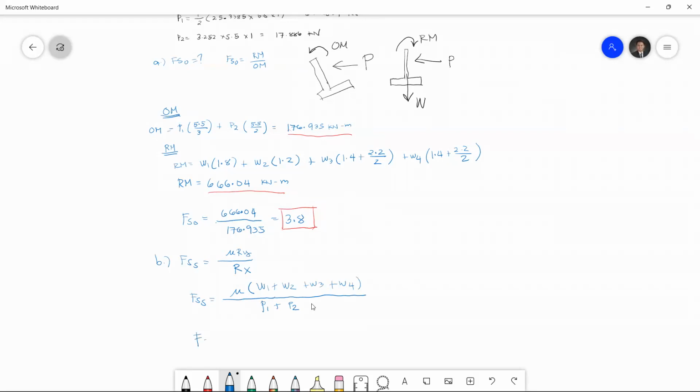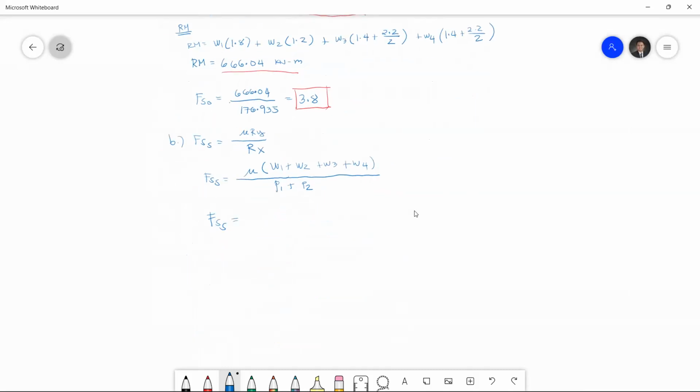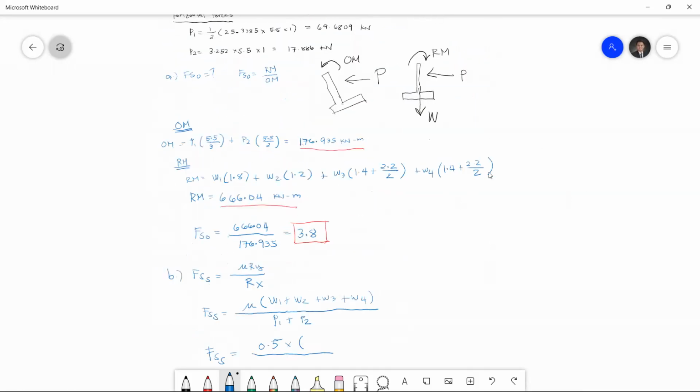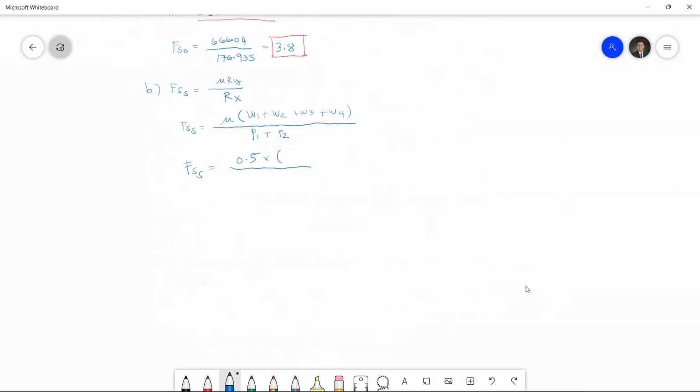Okay. Therefore, the factor of safety against sliding is 0.5, that is your mu, multiplied by the total vertical force: 42.3 plus 47 plus 187 plus 26.4, divided by P1 and P2 of 69.681 plus 17.886.